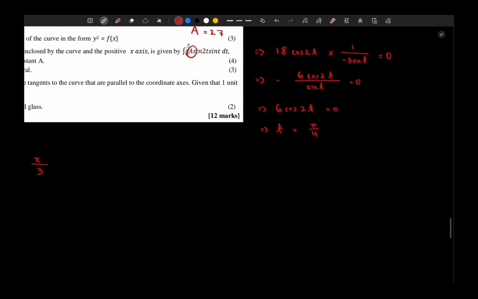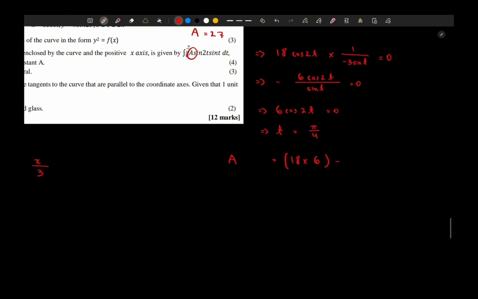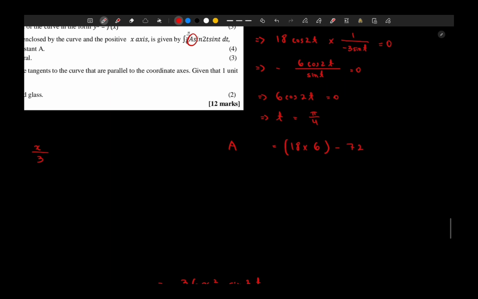So we can say that the area of the total region is 18 times 6. And if we subtract the area of the blue glass, we will get the area of the red glass, which is equal to 36 centimeters squared.